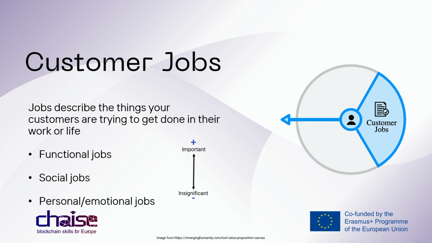Customer jobs describes the things that the customer is trying to get done in their work or life. Bear in mind that right now we are not concerned with our value proposition. We are focusing on the job the customer has. These jobs could be functional, social, or personal, emotional jobs.